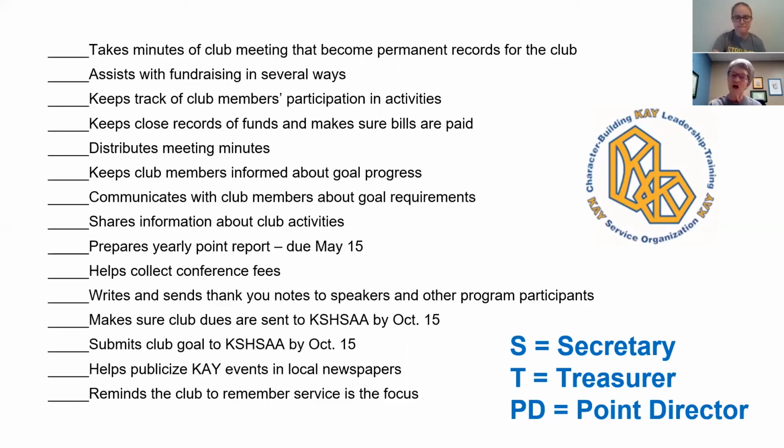Do a little bit of talking and decide whose responsibility you think each one of these items is. Is this something that the secretary does, something the treasurer does, or something that the point director does? And you might think that a couple different people do one of these jobs. So go ahead and think about it. If you're on your own, take some notes. You can just put the S or the T or the D, the PD in front, or talk with the people you're watching with and decide whose job you think it is.